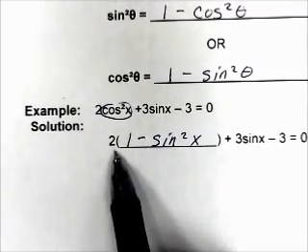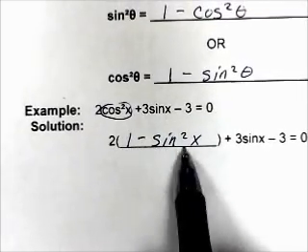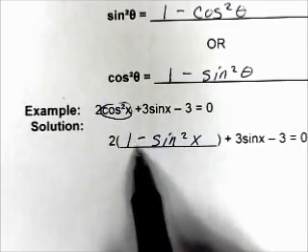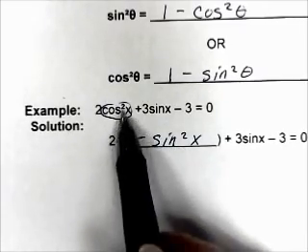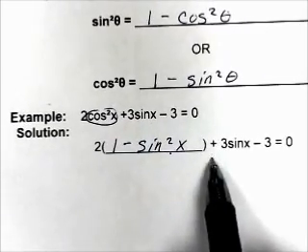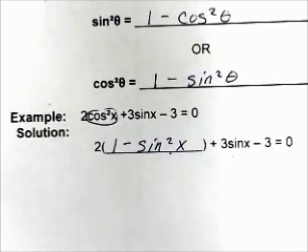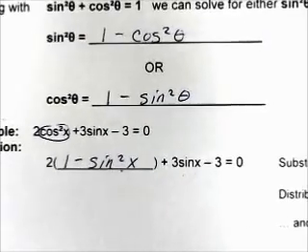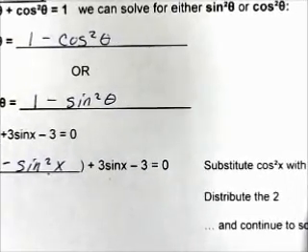So we have 2 parentheses 1 minus sine squared x. We simply replace cosine squared x with 1 minus sine squared x, and then we continue plus 3 sine x minus 3 equals 0.